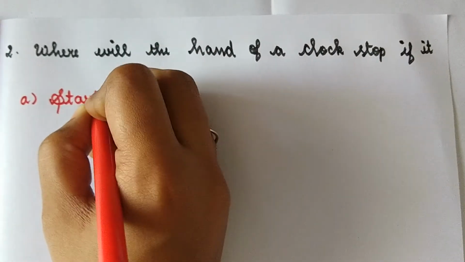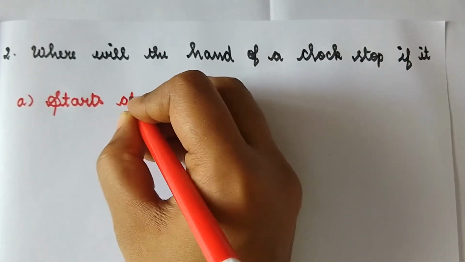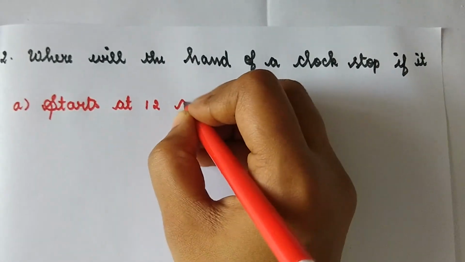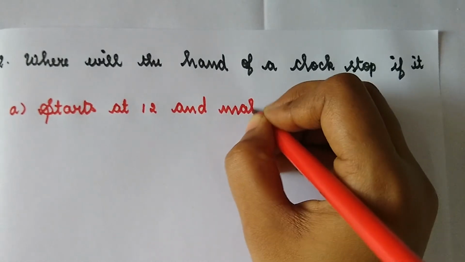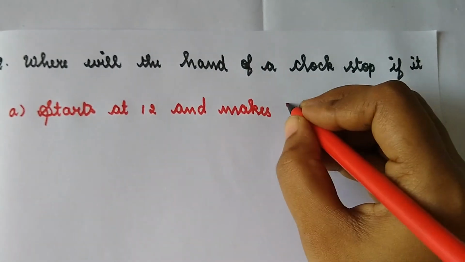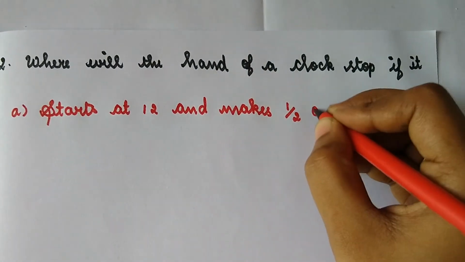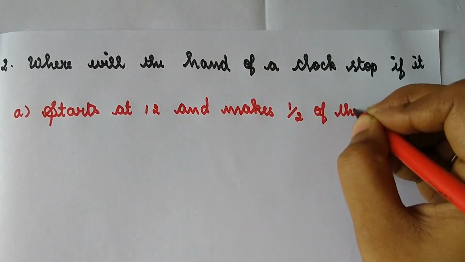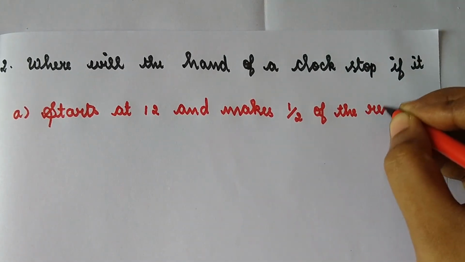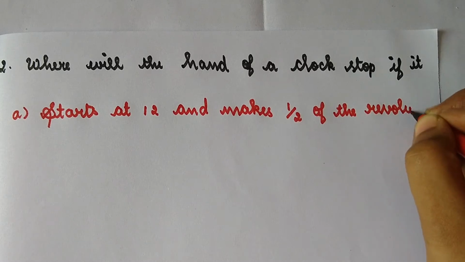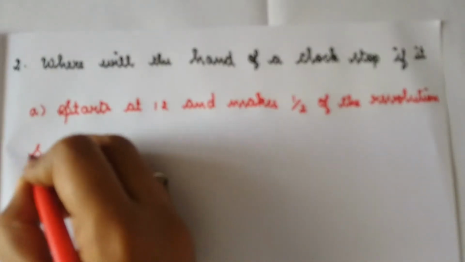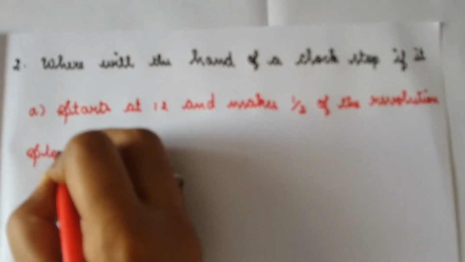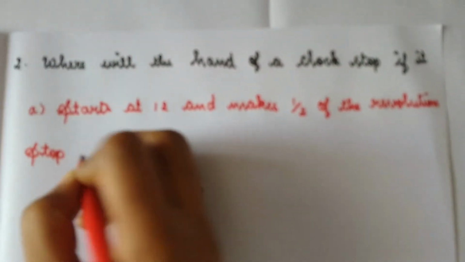Starts at 12 and makes half of the revolution. Half means it covered 2 right angles.